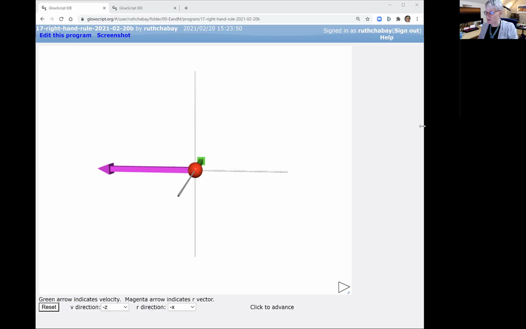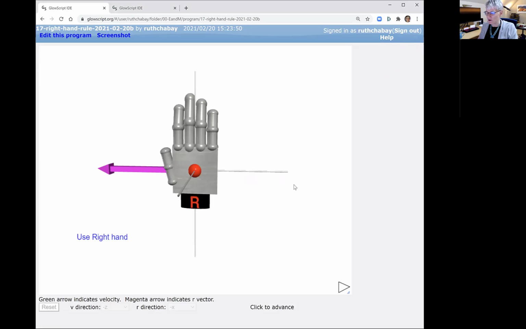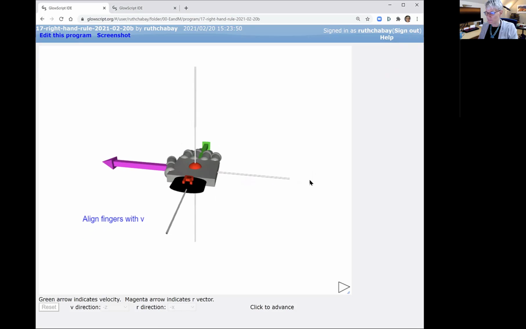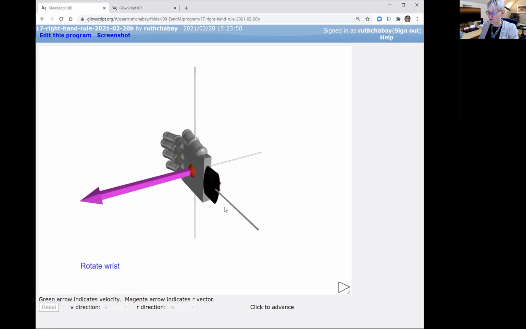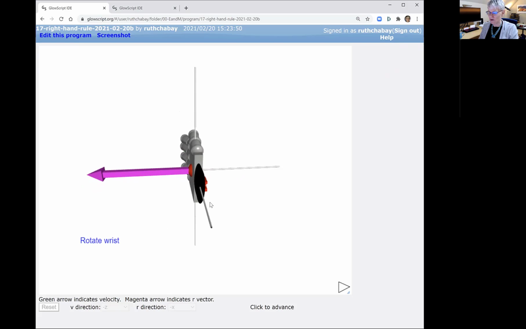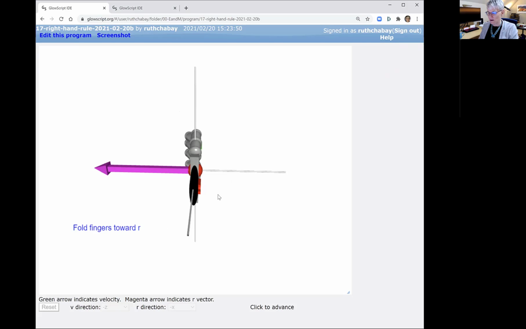So let's see if that's correct. So we start with our right hand, we align our fingers with the velocity. Now, there's this rotate wrist step, and so we have to rotate our wrist so that we can curl our fingers toward R. So now we fold our fingers toward R. It's not really curling, it's folding them.